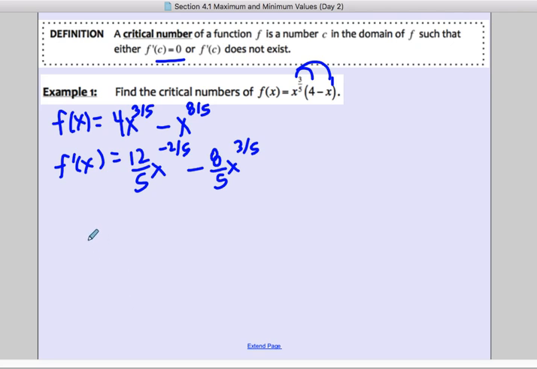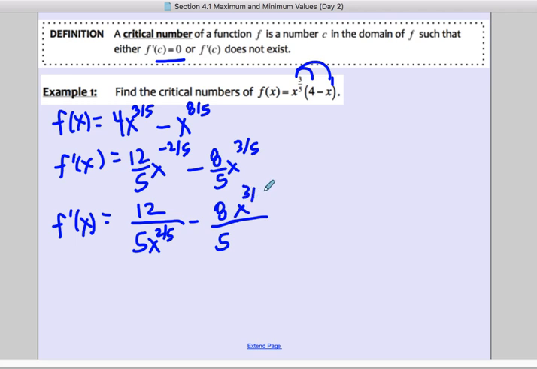So what we need to do is set that equal to 0 and figure out where it doesn't exist. In order to do this one, we're going to have to rewrite our derivative. We put our negative exponents in the denominator, and this term should be in the numerator because it's positive.